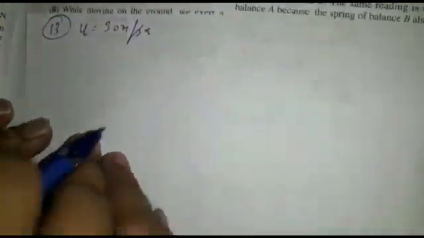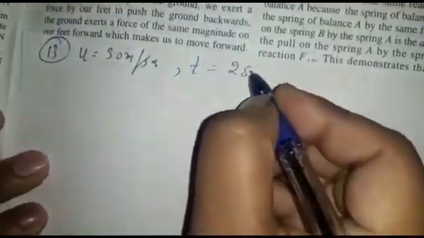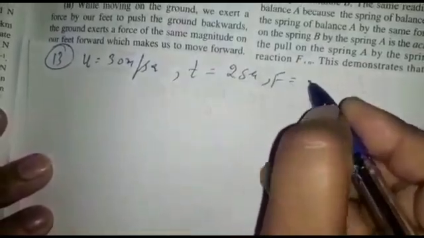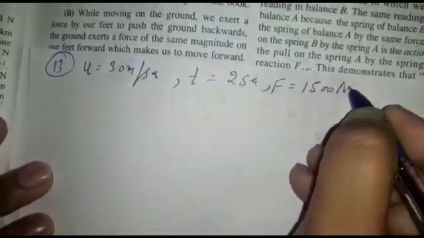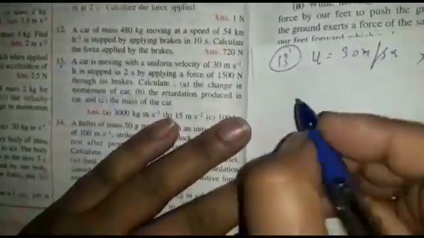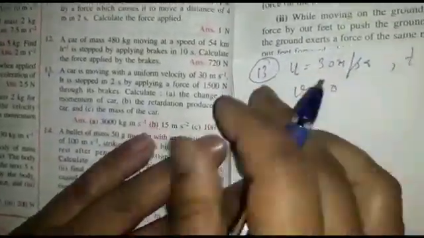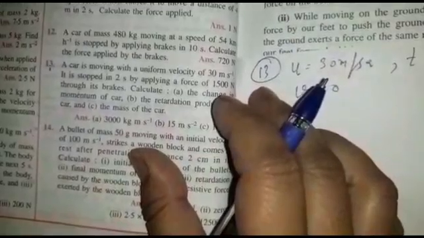It is stopped in 2 seconds, time is equal to 2 seconds, by applying a force, F is equal to 1500 Newton through its brakes. It is stopped. That is v is equal to 0. Stop means final velocity will be 0.